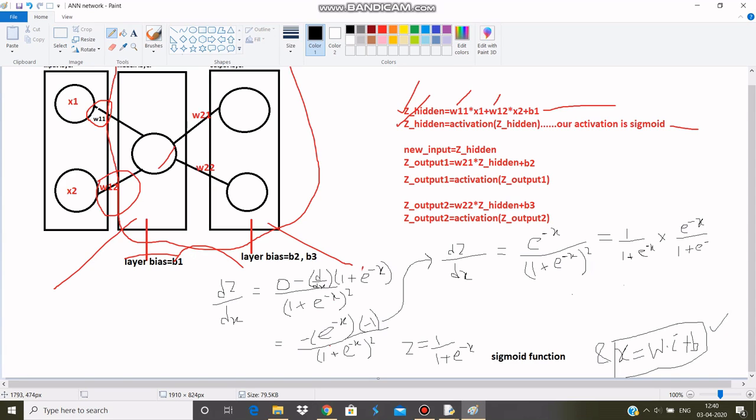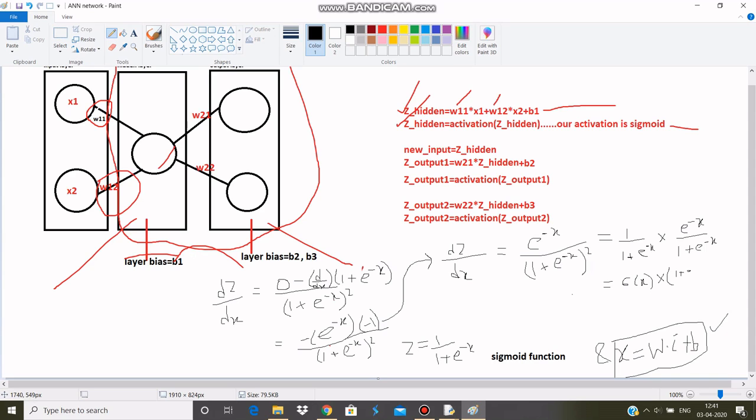If you compare it, both the left hand side and the right hand side are the same. We have just arranged it a little bit. So now 1 divided by 1 plus e to the power of minus x is our sigma x, or the sigmoid function of x, as mentioned here. Here we have used z, which is actually sigma of x itself, so we can write in both ways.